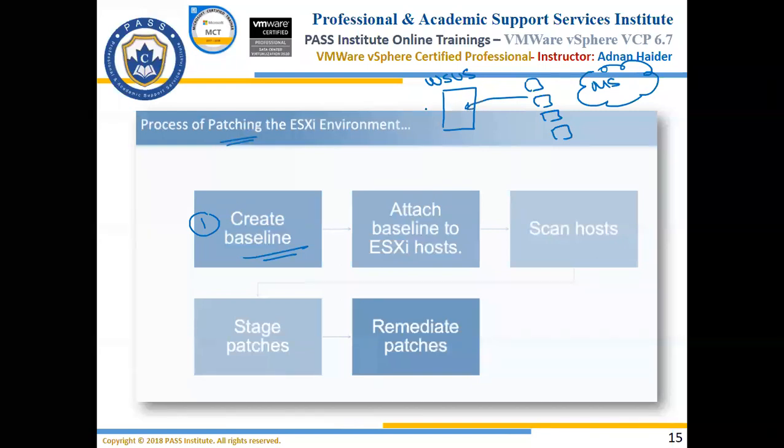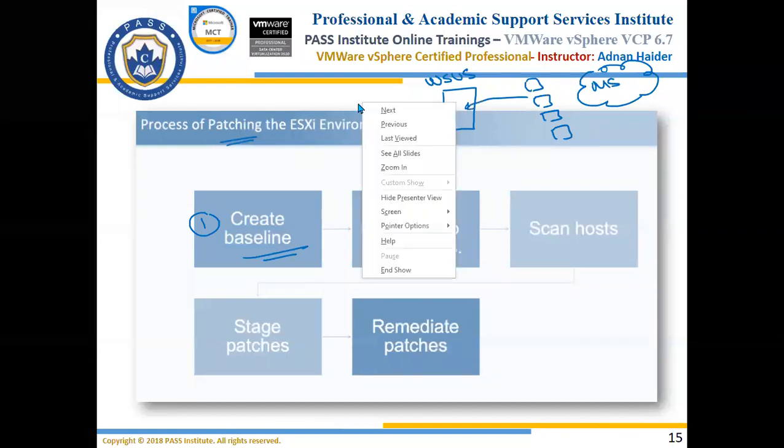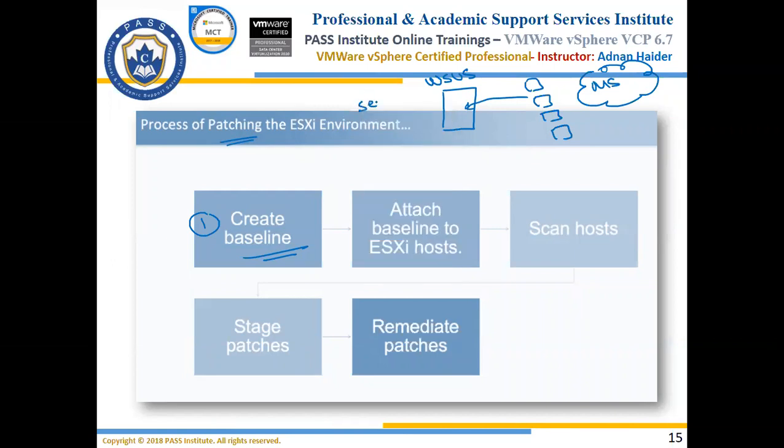Then in the WSUS server, we create groups of patches. Let's say we have 10 server 2012 machines in our environment, and we have 10 server 2016 machines in our environment.